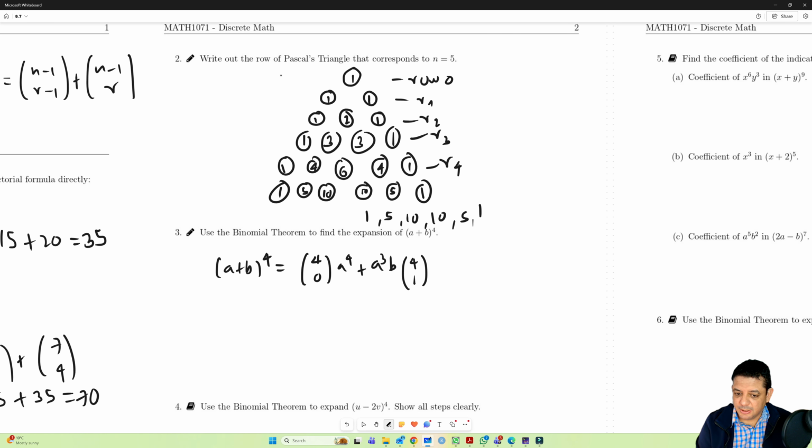Then a to the 2, b to the 2, 4 choose 2, and then we keep reducing a, increasing b, a, b to the 3, 4 choose 3, and finally b to the 4, 4 choose 4.